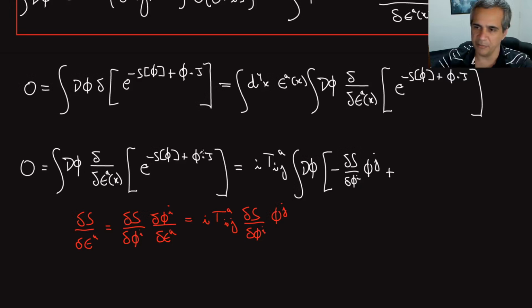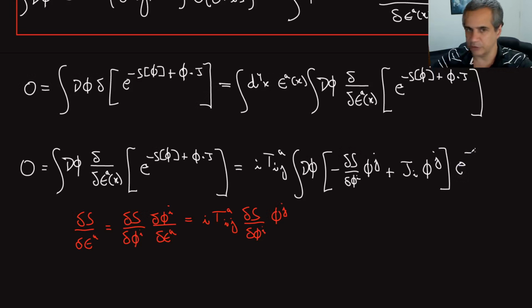J does not depend on phi, so it's just j times delta phi, and delta phi is i, T i j, etc. So I just get J i phi j. The rest of the variation is out here. And of course, I still have the exponential that I will just write very shortly here.